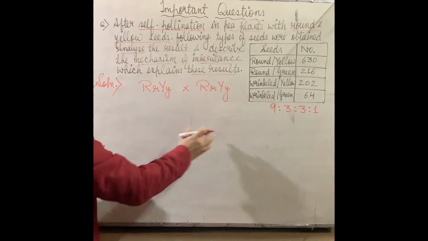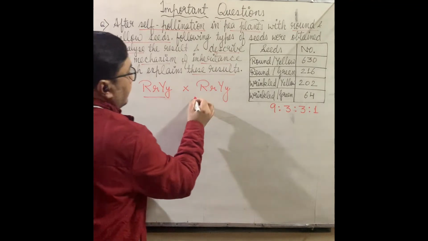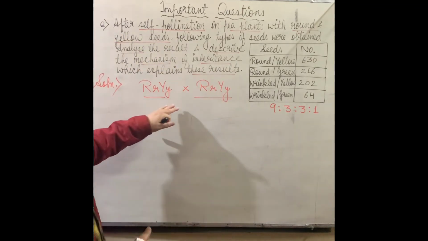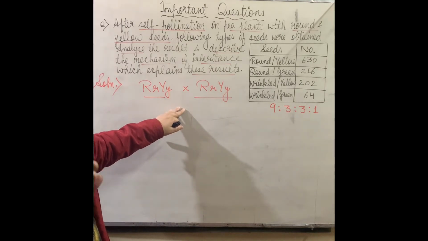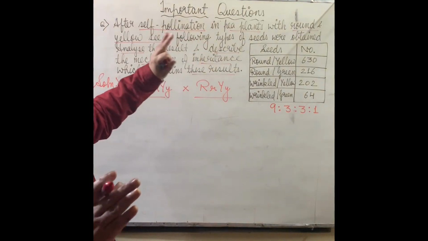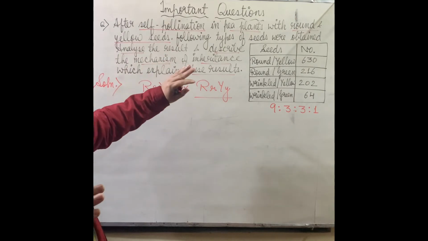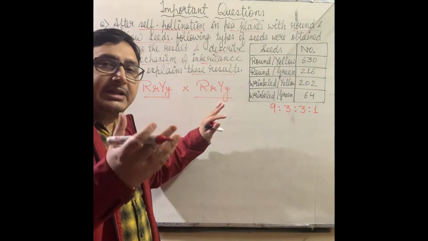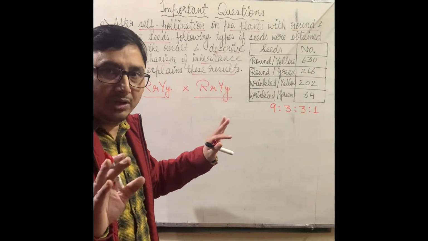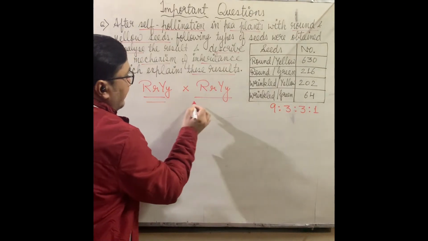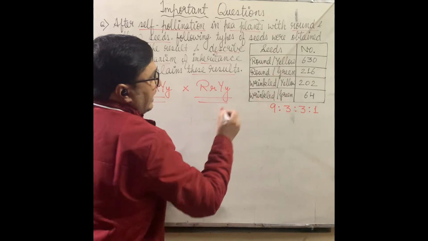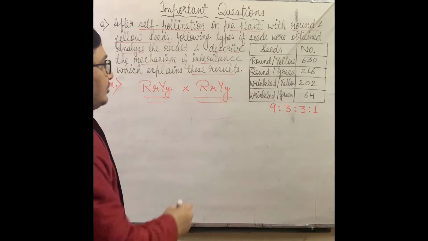So this is again the F1 generation of a dihybrid cross, in which in the parent generation we took round and yellow and wrinkled and green, or maybe round and green and wrinkled and yellow. We have seen all these things in dihybrid cross. So what are we going to get? After selfing is done, this is what we are getting, the ratio 9:3:3:1.